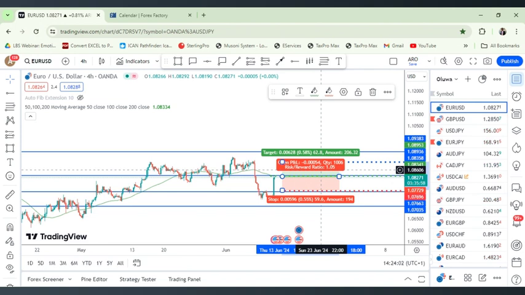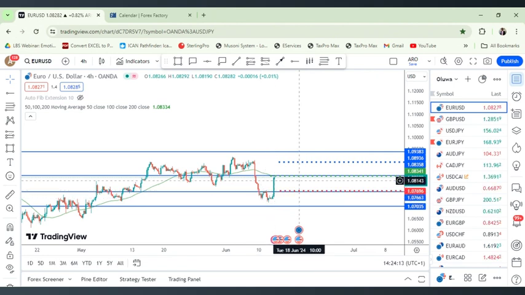That's a ratio of 1 to 1.2 or 1.3 as the case may be. So I'm going to delete this, since we have our analysis on this particular trade.